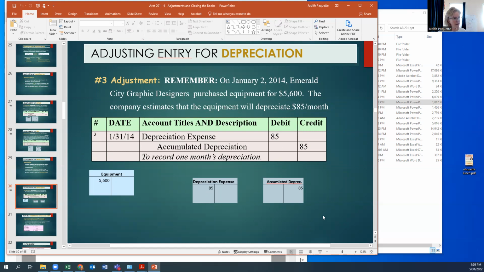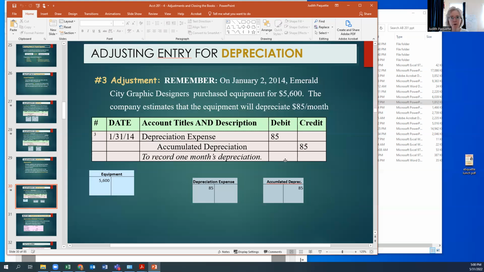Okay. Now, as we write off this equipment, we don't want to touch the equipment account for a very good reason, because we want to see that equipment at its original value, and then we want to compare it to its accumulated depreciation. That gives us a rough idea of how old the asset is. Because accumulated depreciation is a permanent account.